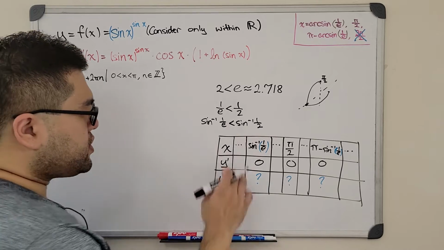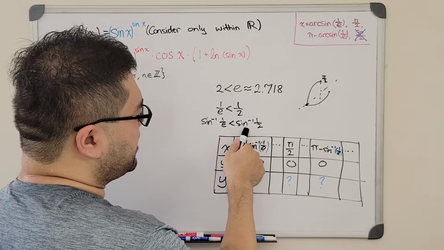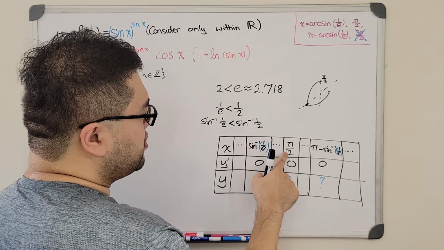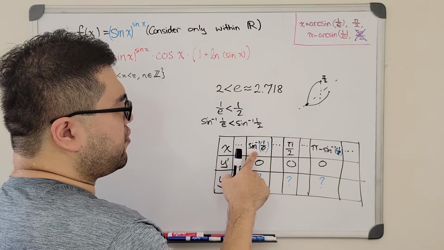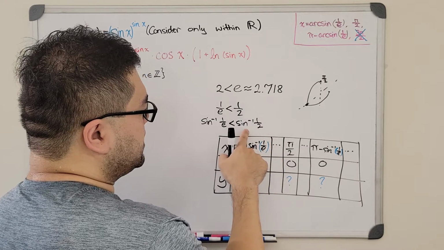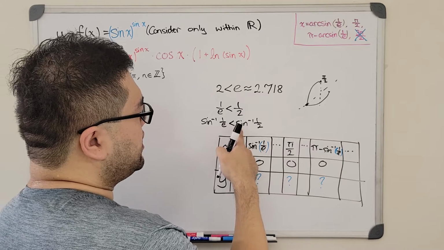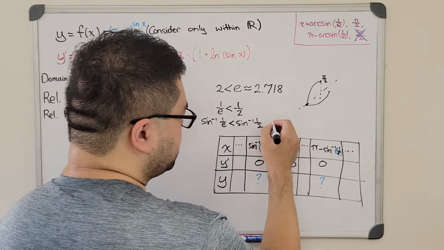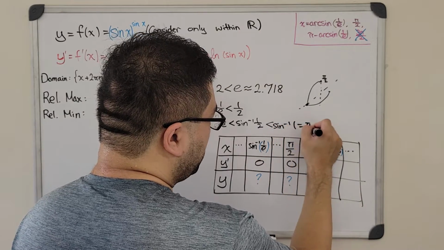So this is telling us that sine inverse of 1 over 2 has to be between here and here, because it has to be strictly greater than sine inverse of 1 over e. But then we also know that this is not going to be pi over 2, because pi over 2 is equal to sine inverse of positive 1, which is even greater than this. Like so.